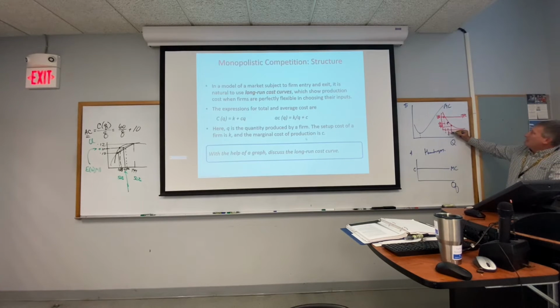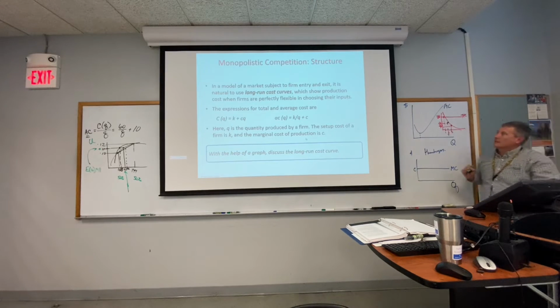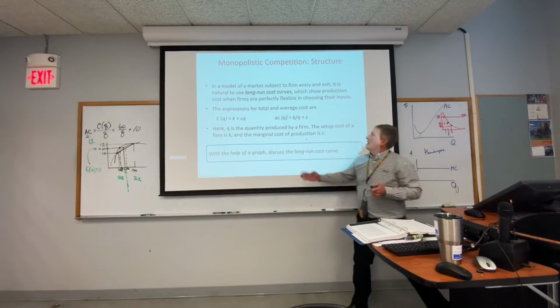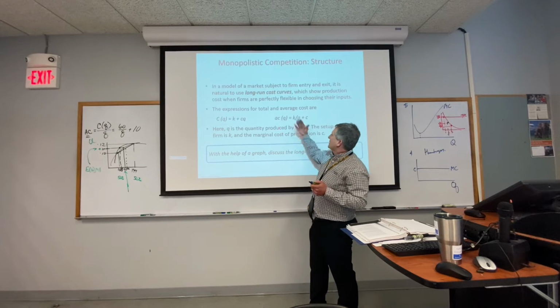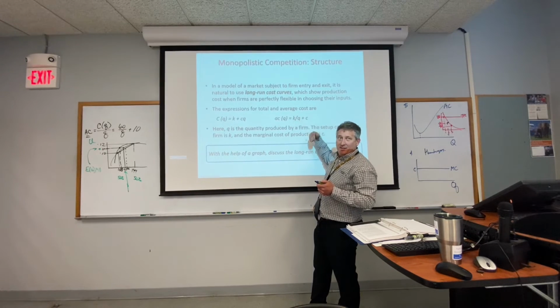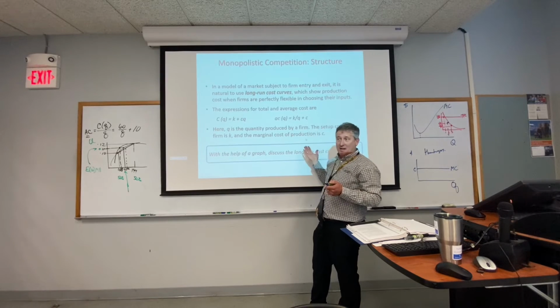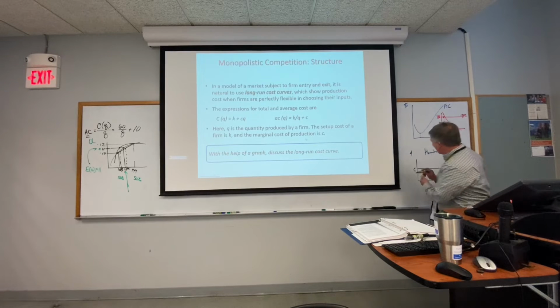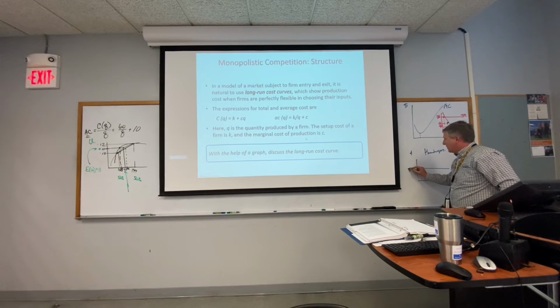What's the variable part? The average total cost equals average fixed cost plus average variable cost, which is just fixed at C, and C might be, I was just making up a number, $5.